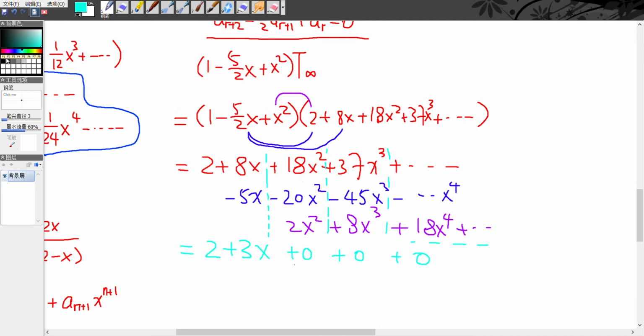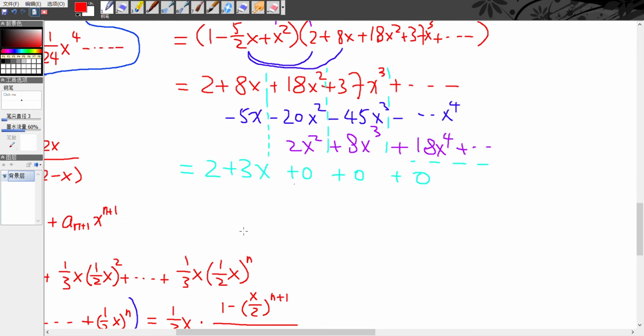So our result is quite clear. 1 minus 5 over 2 x plus x squared times t infinity is actually equal to 2 plus 3x.